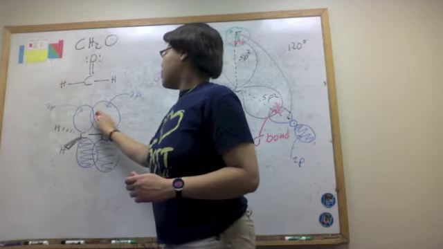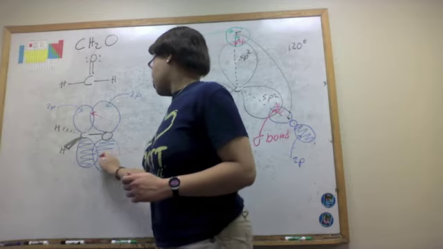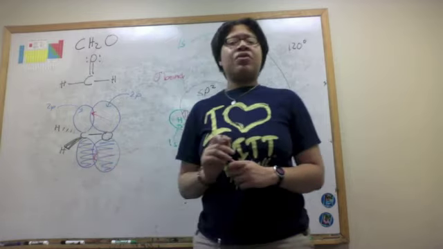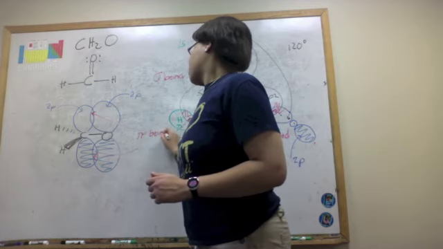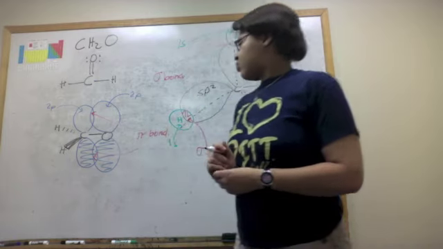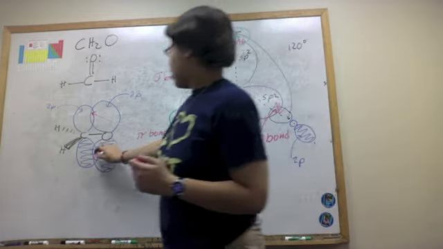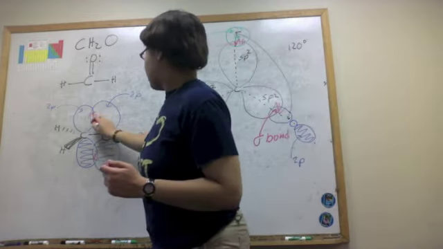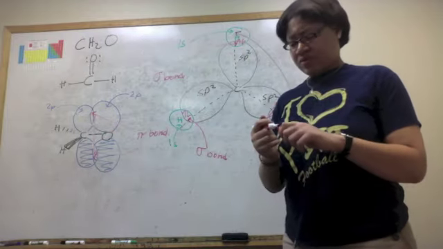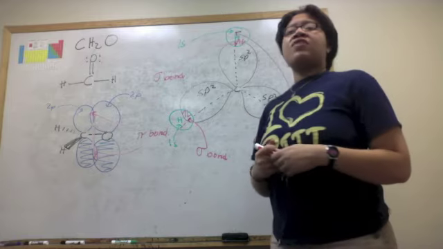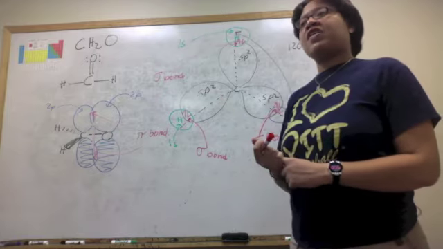Remember that pi bonds have two areas of orbital overlap, one above and below the bonding axis. This represents the sharing of two pairs of electrons, which you can represent by two large arrows. We have now fully described the bonding in formaldehyde using valence bond theory.